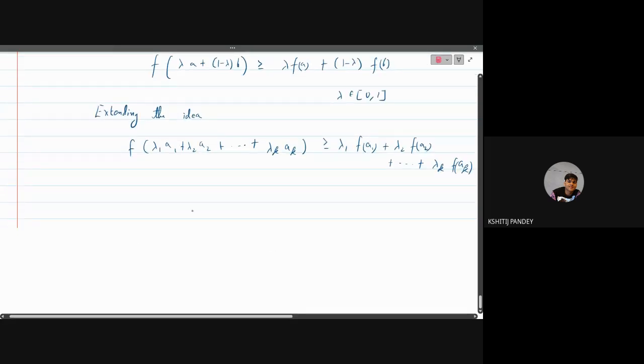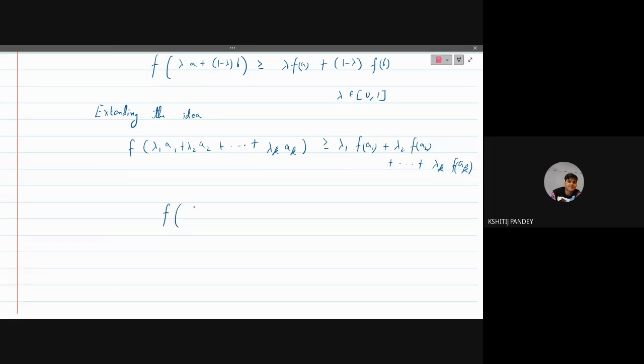A compact way of writing this is by using summation. f of summation from k equal to 1 to K of lambda k ak is greater than or equal to summation k from 1 to K of lambda k f of ak.